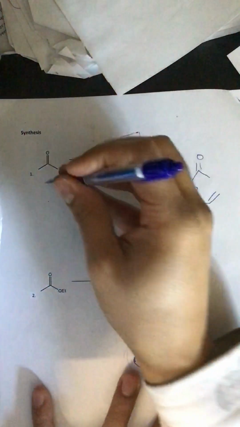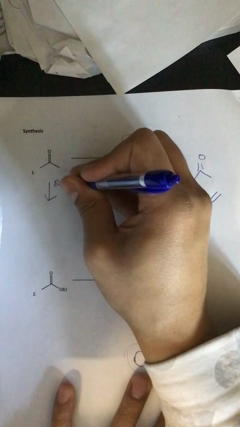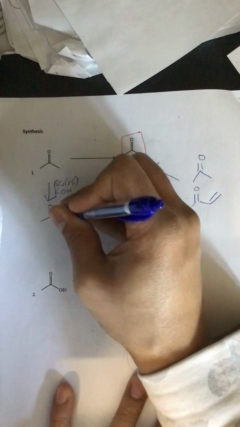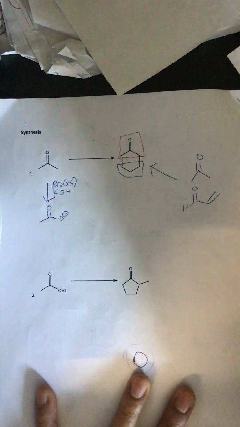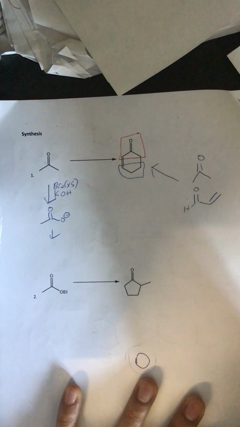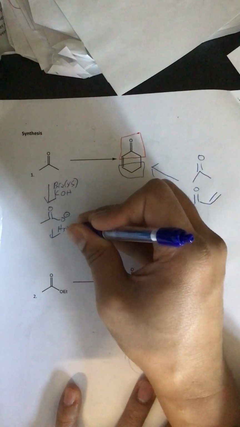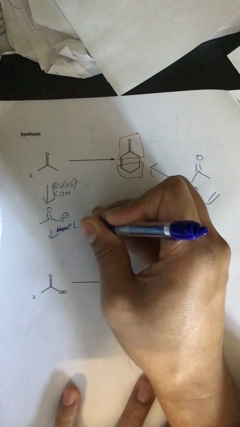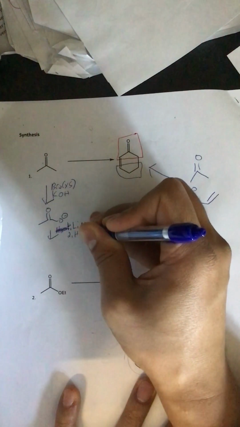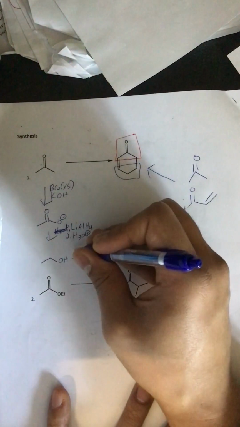I think there's a couple ways I could do this. I could use Br2, KOH. I'll get the carboxylate, right? Now you could use LAH from here, lithium aluminum hydride. You can go back to the carboxylic acid if you want. Get the ethanol, and then from ethanol I can use PCC.